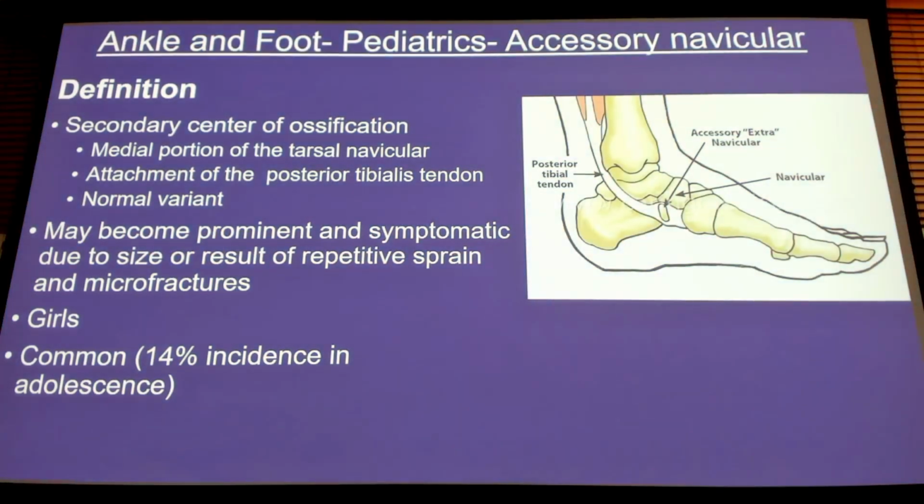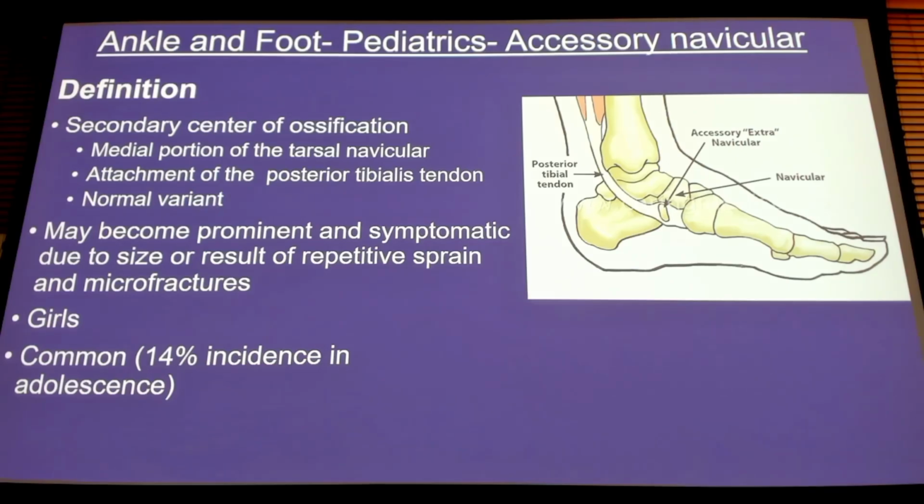Same thing for the accessory navicular bone, right? And you see that right here at the navicular itself. As in the os trigonum, this is a secondary site for ossification, right? But it is the attachment for the posterior tib tendon, right? The same tendon we talked about with the too many toes sign.